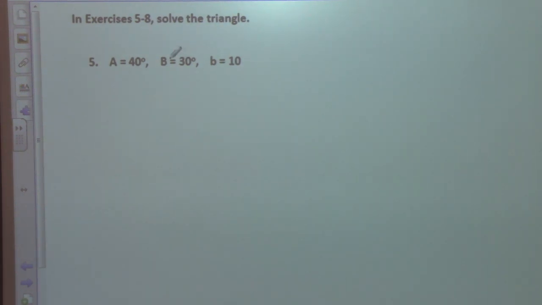So if we have an angle A like this, I'll say this is angle A, which is 40 degrees. And then we have an angle B over here, which is 30 degrees. So here's angle B, here's angle A, and you're given side B, and so side B over here is going to be 10.